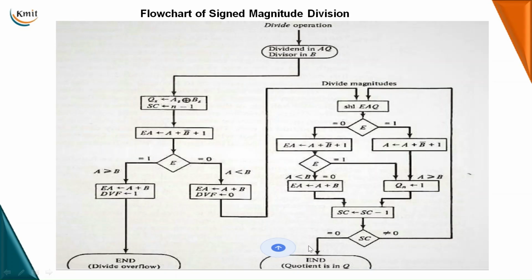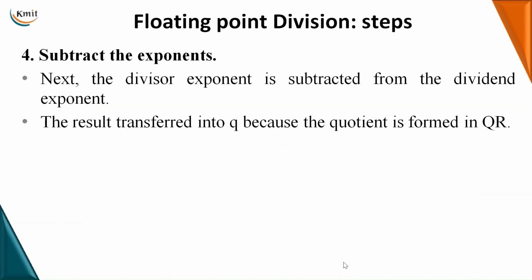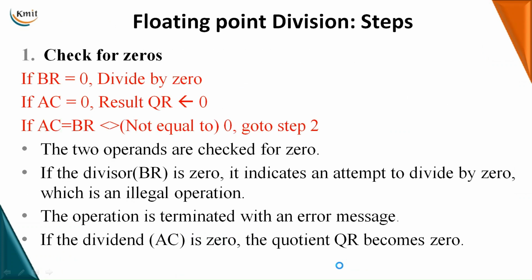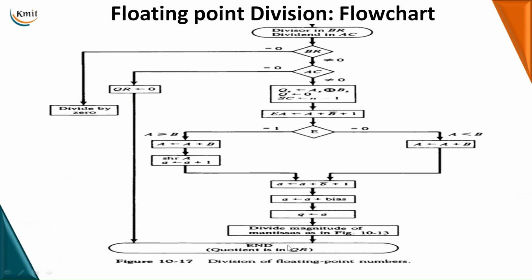Once your division is done, your quotient will be stored in capital Q and the remainder will be stored in capital A. Whatever is stored in capital Q becomes the quotient of your floating point division algorithm, which is transferred into QR according to this flowchart. So the quotient is in QR.